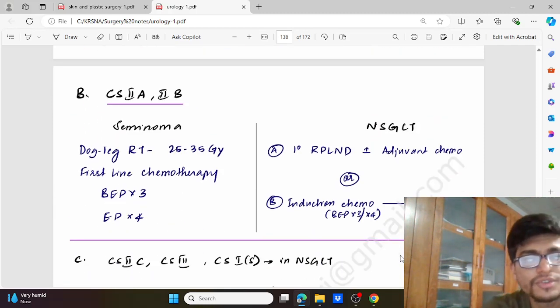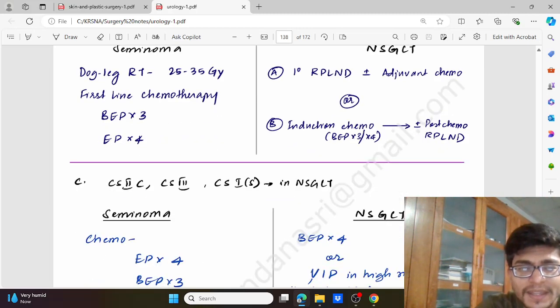In clinical stage 2A and B, in seminoma, we go for dogleg radiotherapy and first line chemotherapies, that is BEP or EP. In non-seminoma, we have either primary retroperitoneal lymph node dissection with or without adjuvant chemo, or induction chemo followed by post-chemo RPLND.